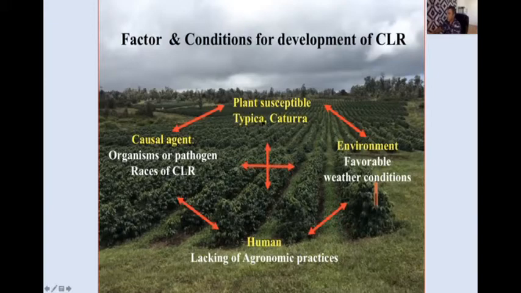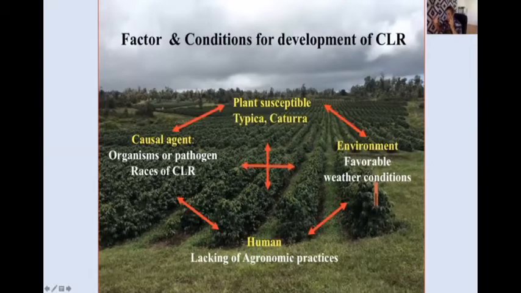And now we have 2 elements for the development of the disease. And then, this one is very important: what is the environment? What are the weather conditions? How are all of these weather conditions going to play in the growth and development of the disease in a positive or negative way? And finally, the most important as well is how we are going to manage the coffee plantation.